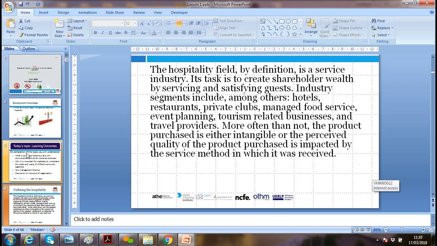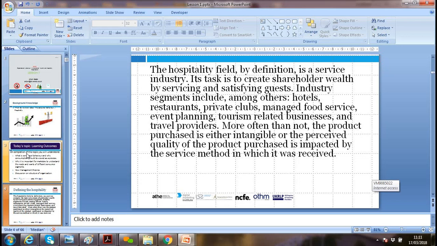So first thing, hospitality by definition is a service industry. It's tasked to create shareholder wealth by servicing and satisfying the guests. So the guest is key in the hospitality industry. How we can keep our guests happy, that's what we need to focus on. The industry segments include, among others, hotels, restaurants, private clubs, managed food services, event planning, tourism related businesses, and travel providers.